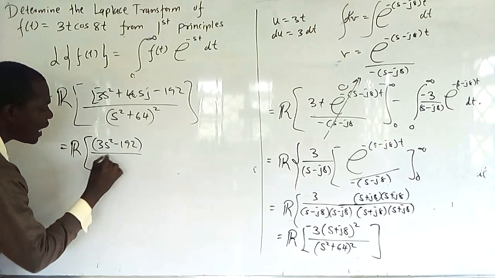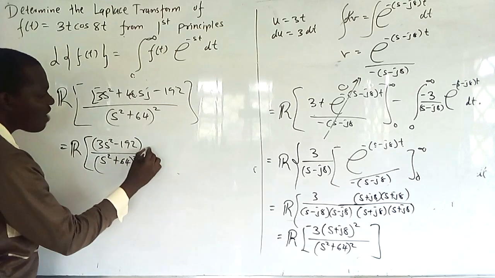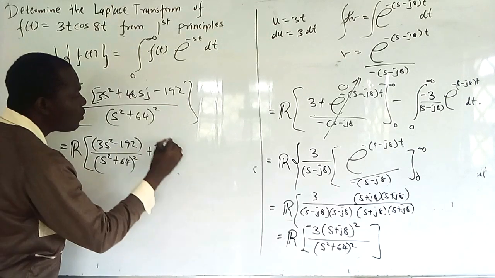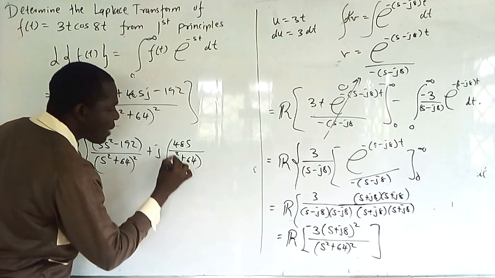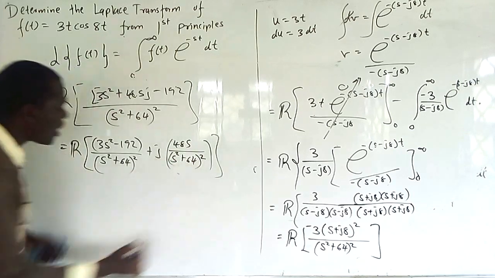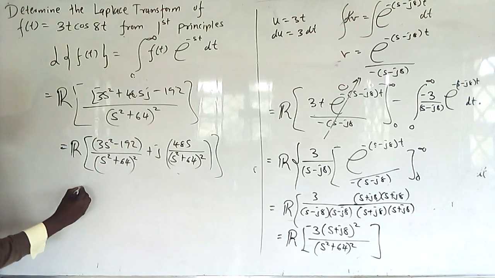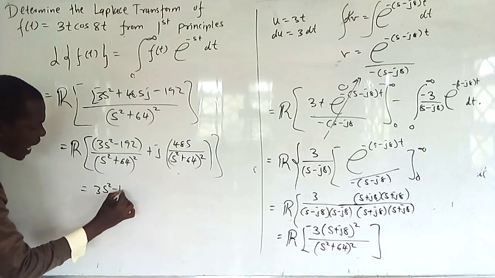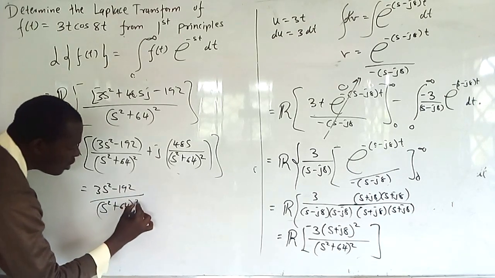Then over s squared plus 64 squared. That is the common denominator. Then there we have plus j into 48s over the same denominator, s squared plus 64 squared. So when you are taking the real part, it is this part only. Yes. Which is 3s squared minus 192 over s squared plus 64 squared.